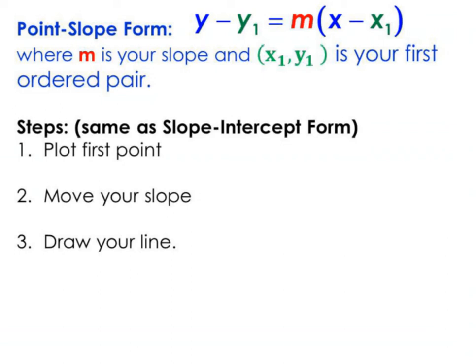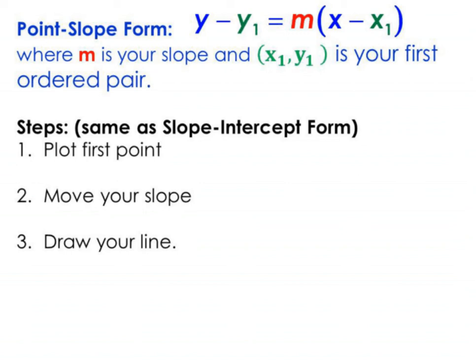And the reason you're going to like the point-slope form is because you can use any point. When I graph a line in slope-intercept form, the only point that I use is my y-intercept. That's my starting point. For point-slope form, you can use any point on the graph where it crosses.